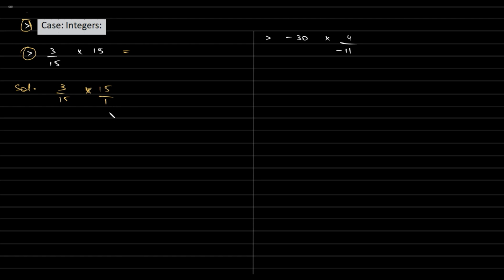Okay. Now it is as usual, whatever you guys did till now, it's the same thing. So let's see if anything can divide anything. Well, 3 can divide 15, but 15 can divide 15. That will be much easier to handle. So 3 1s are 3 divided by 1, 1 divided by 1, that is 1. Okay.